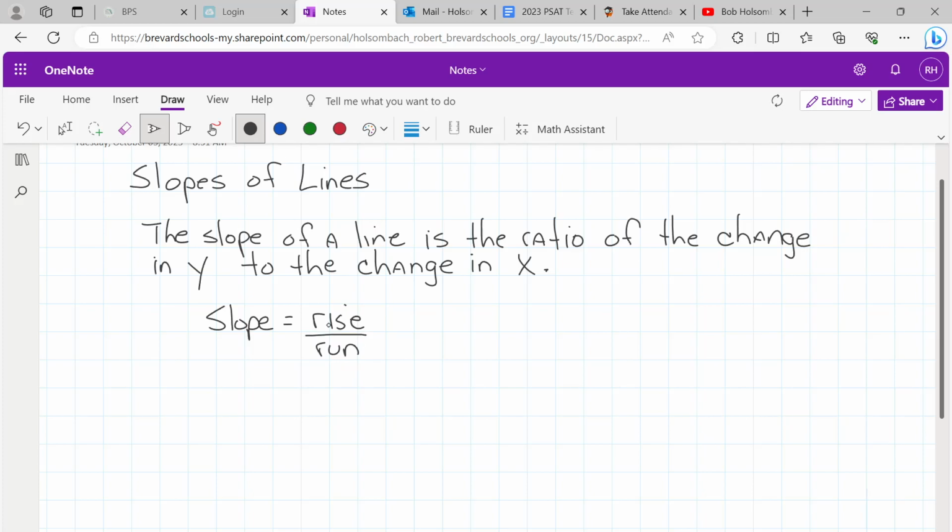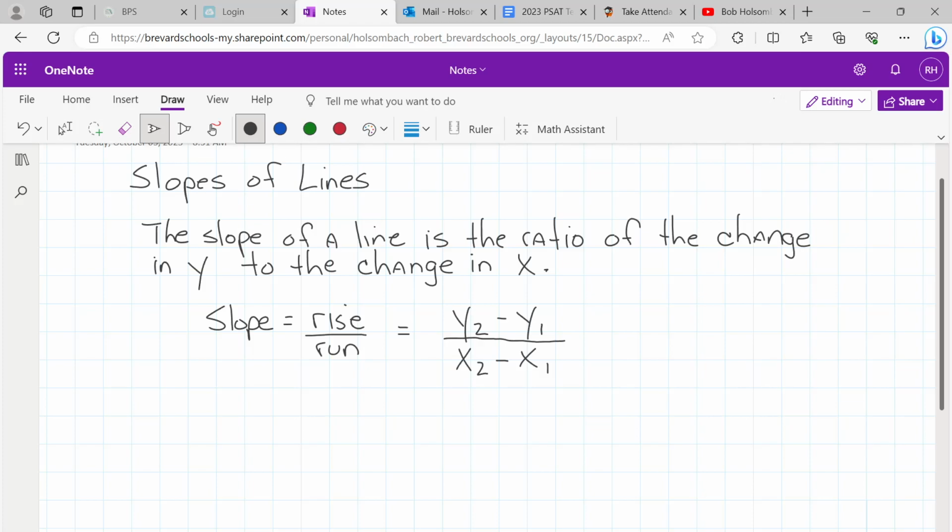And the way we determine the rise over the run is we find the difference in the y values, which is our y sub 2 minus our y sub 1, and we divide that by the difference in our x values, so x sub 2 minus x sub 1. And that's for any 2 points on the line that you're trying to find the slope of.